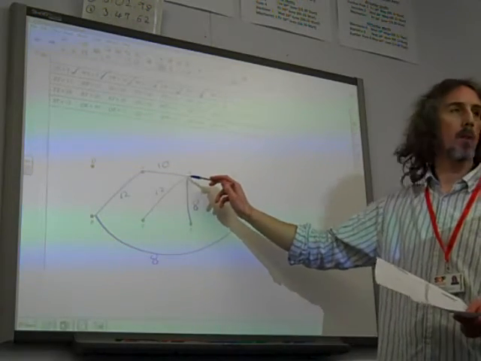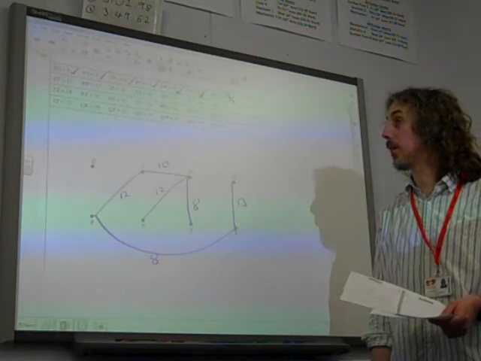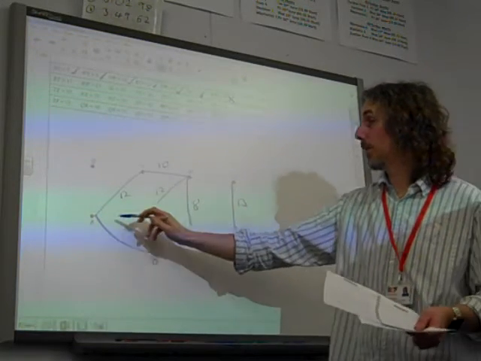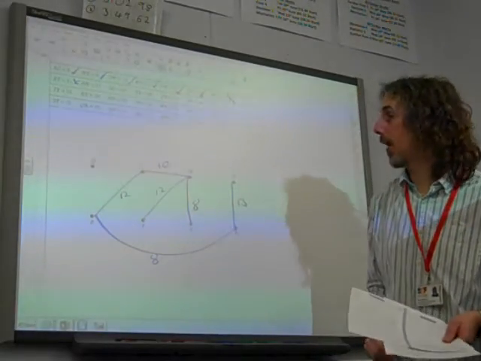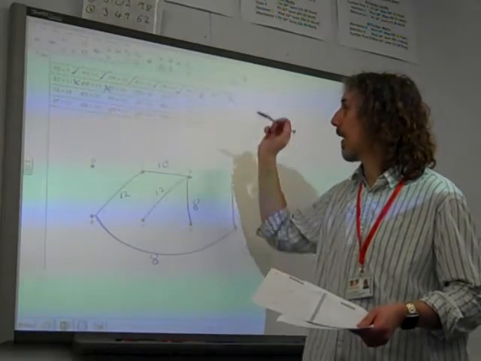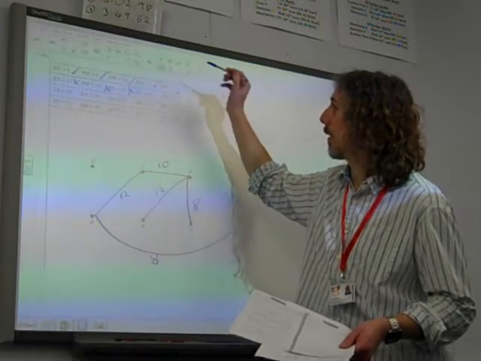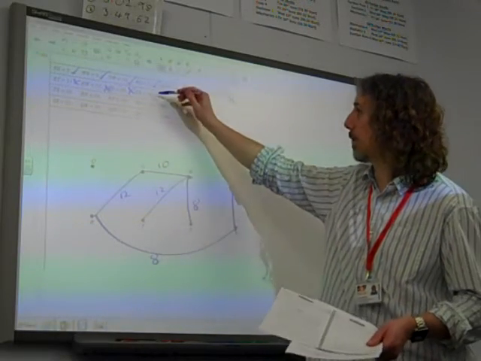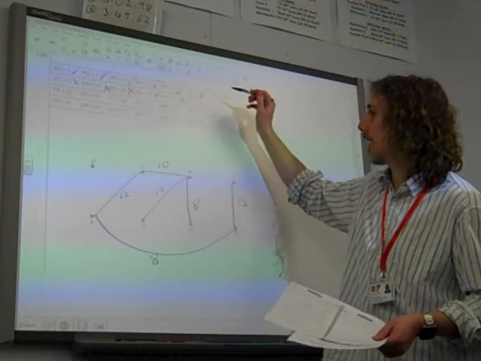WY, and that would create a cycle, that would create a loop. So we're rejecting WY. RT would create a loop. Reject that. RW, that would create a loop. SZ creates a loop. TX creates a loop. XY creates a loop.